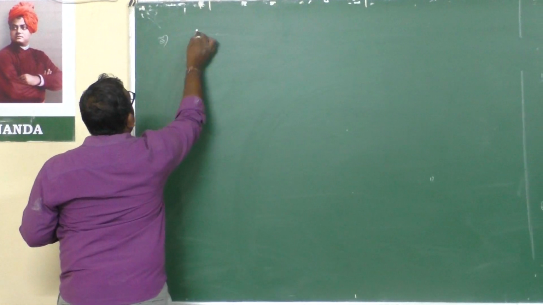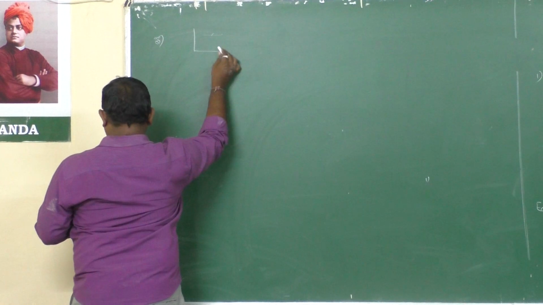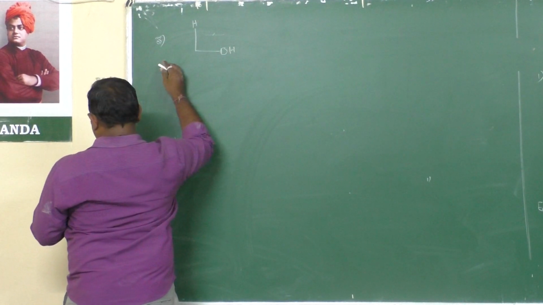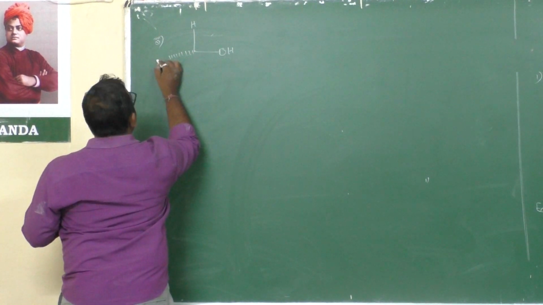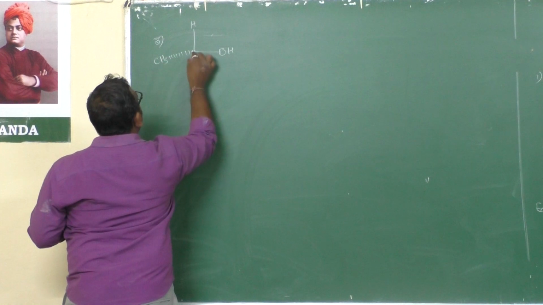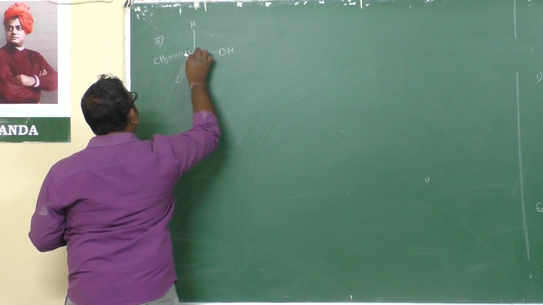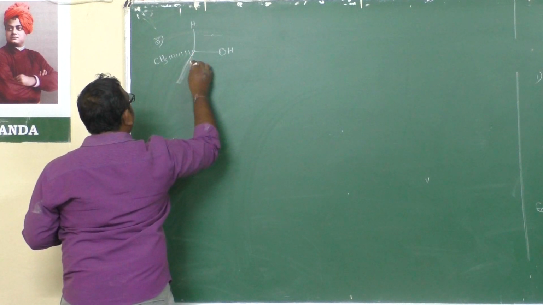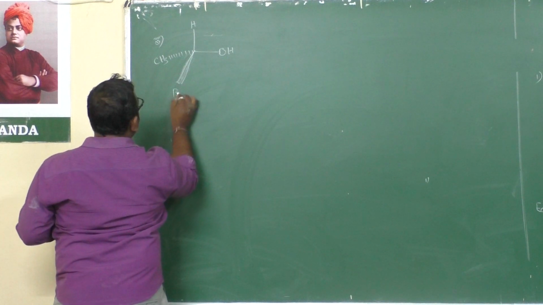Next, third one. This is H, this is OH. The broken wedge is CH3 and the solid wedge is bromine.